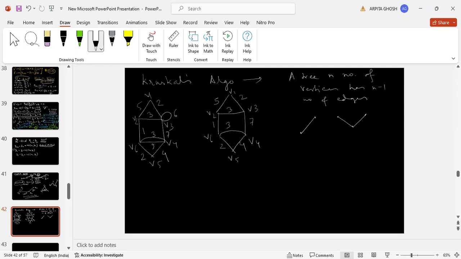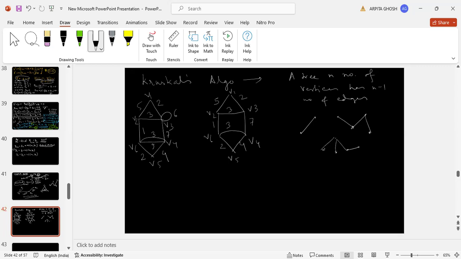If we continue, 1, 2, 3, 4, there are 4 vertices, number of edges is 3. We can't have more than 3 edges because any edge, if we join, it will give you a circuit, which is not permissible. Similarly, if we have 5 vertices, 1, 2, 3, 4, 5, and you want to draw a tree, it should be like this.